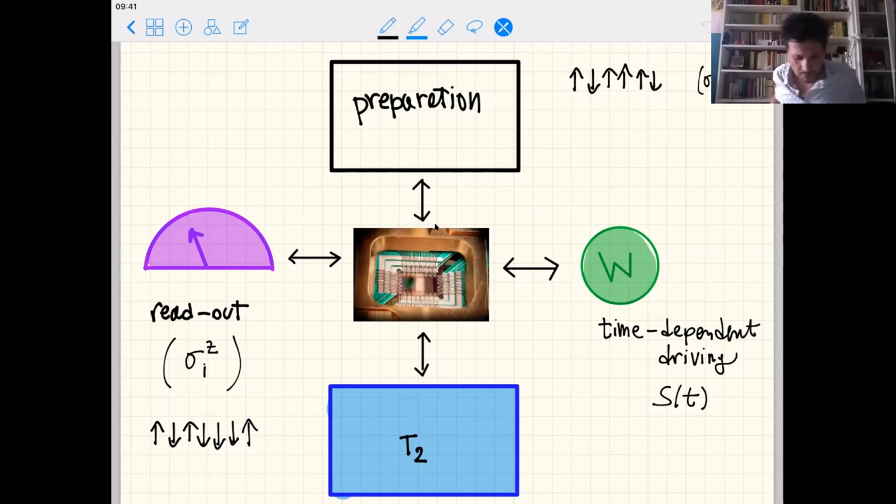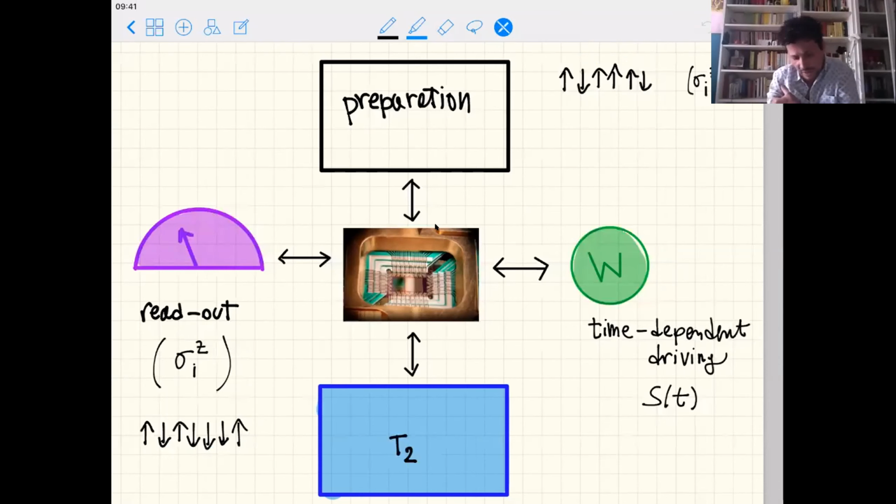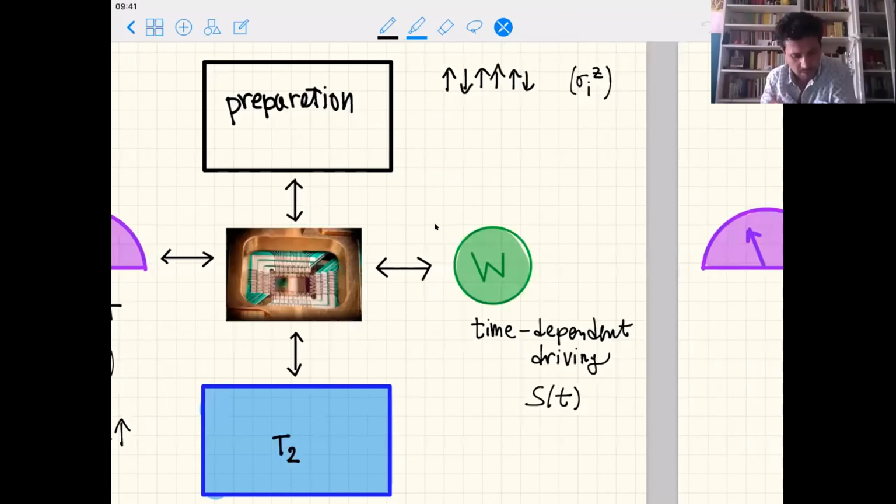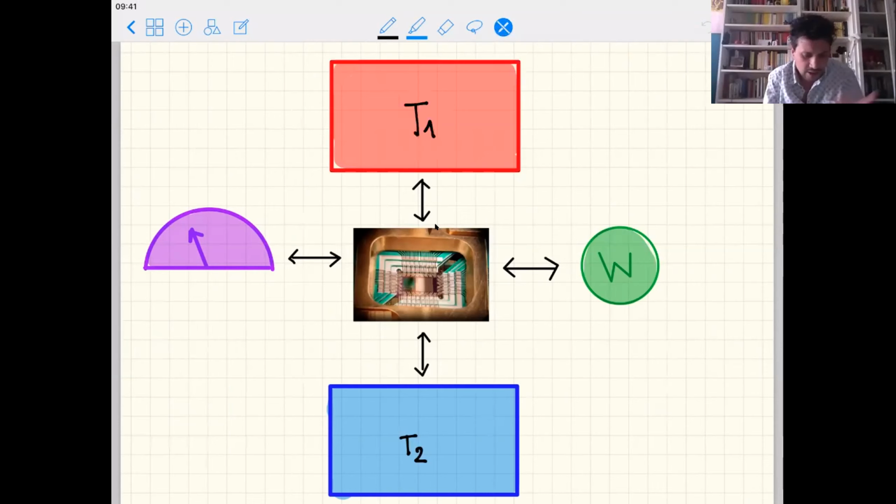We prepare the system by sampling its state from a Gibbs distribution. So it's equivalent to having our system in interaction with the hot bath for some time, and then you turn off that interaction, and your system remains in that state with that probability.